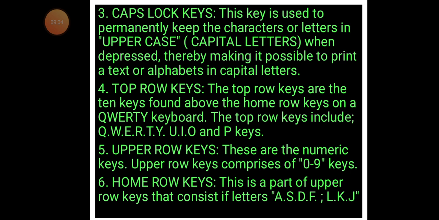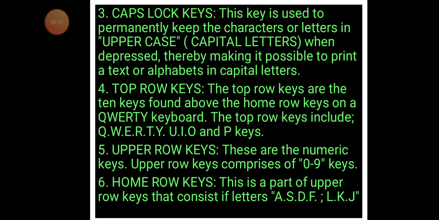So going forward, the upper row keys, we said these are the numeric keys. After the Q, W, E, R, T, Y, U, I, O, and P keys, you find your upper row keys. These keys are numeric keys. You see they are numbered from 0 to 9.